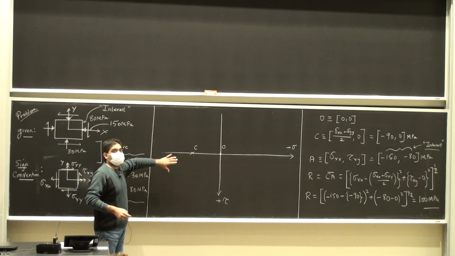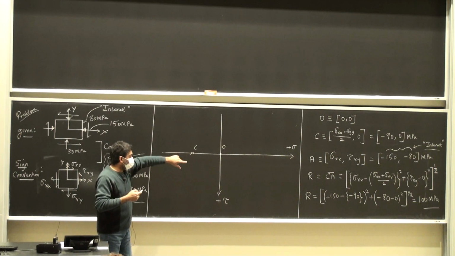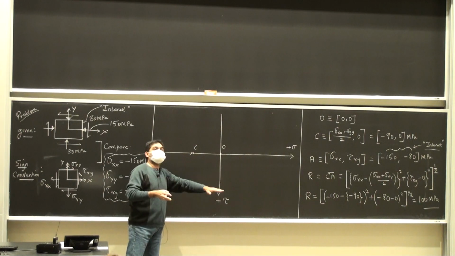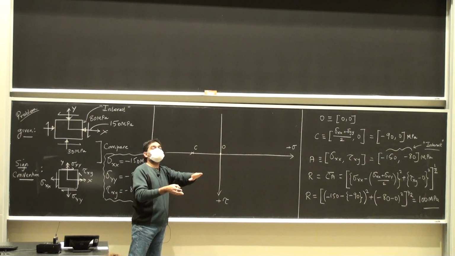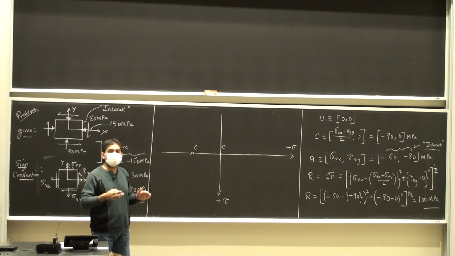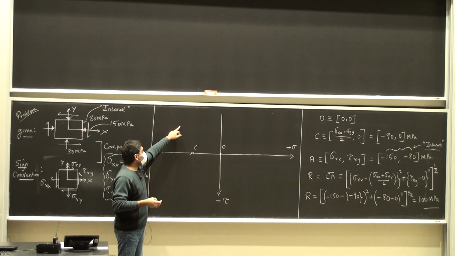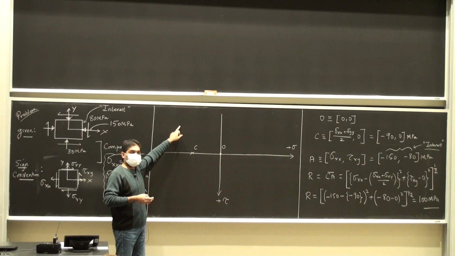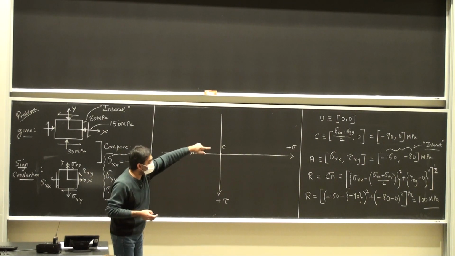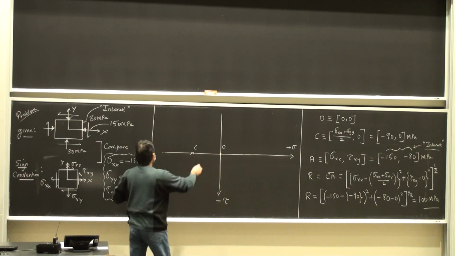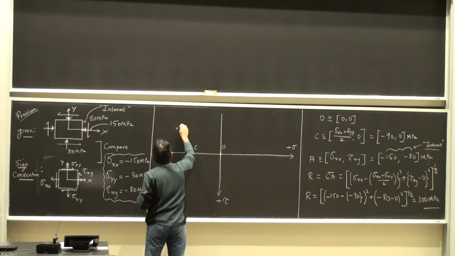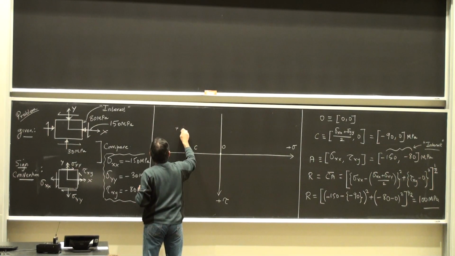Is it on the top or the bottom? The positive tau axis is on the bottom because this is the way the equations will align with the theory if you use Mohr's convention. Which means that I'm going to be sitting on the second quadrant for the point A. So it's going to be minus 150 and then minus 80. So somewhere here. This is point A.